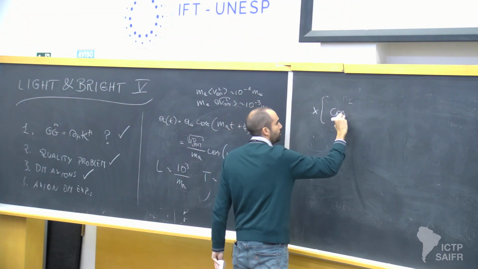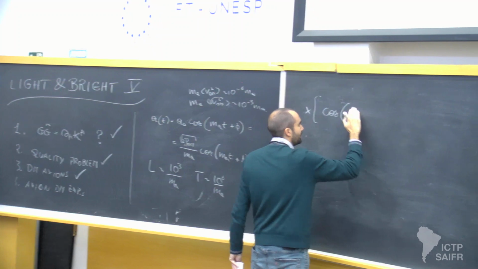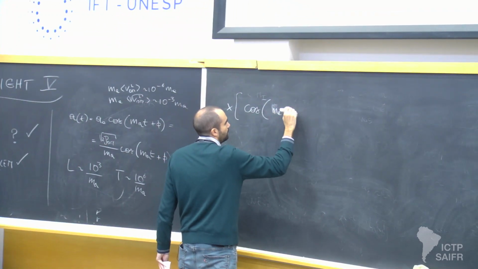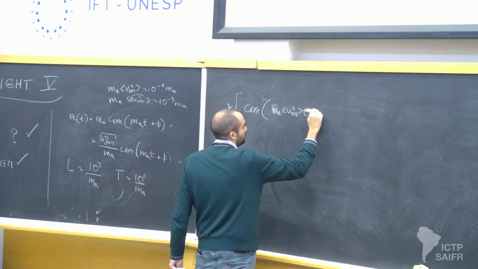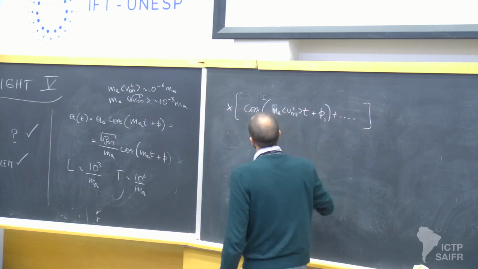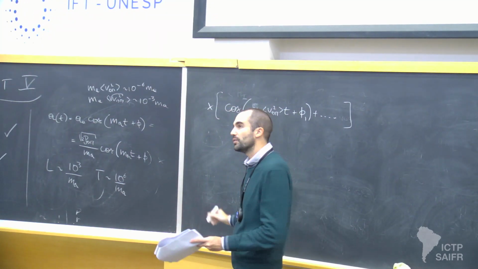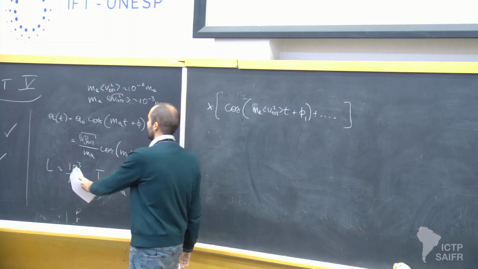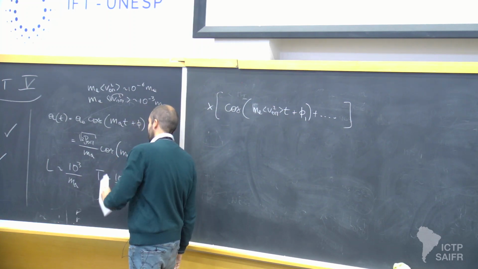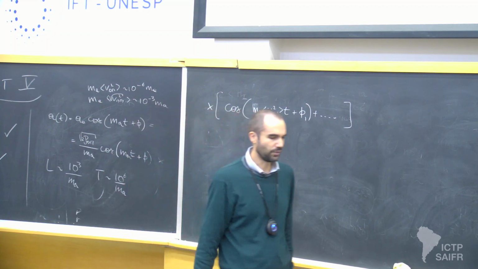You're going to have terms that oscillate at a much smaller frequency, and you're also going to have some spatial dependence. But if you're building an experiment on a length scale smaller than this, and you're looking at your axion for a time scale shorter than this, you can neglect these small corrections.